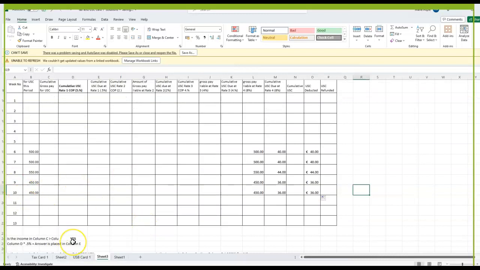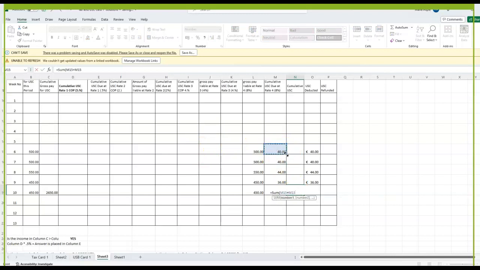When you're transferring over to the cumulative tax card, you need to take into consideration that we've earned 5 plus 5 plus 5.5 plus 4.5 plus 4.5. We've earned 2450, and over here we're going to add up, sorry, that didn't go in right for me. Equals sum. So 40 plus 40 right down along.